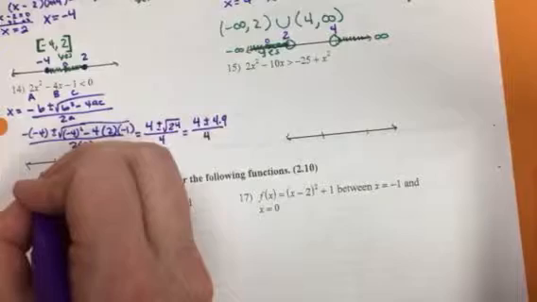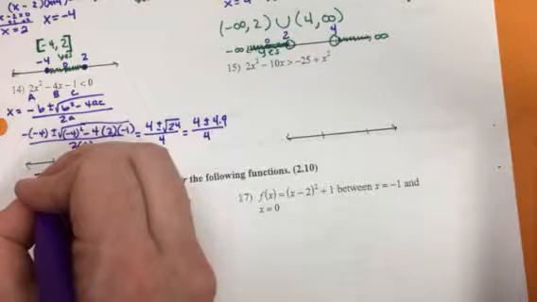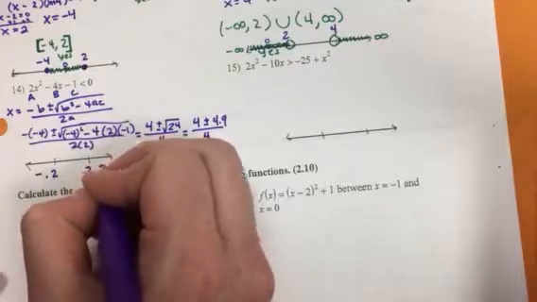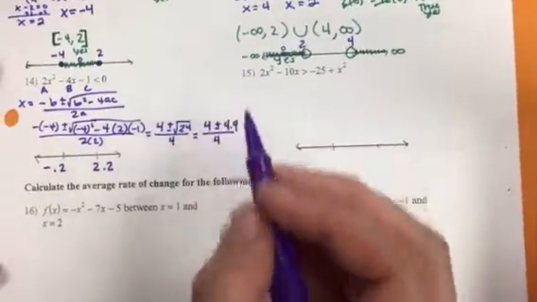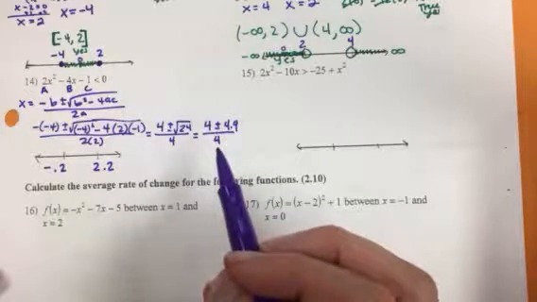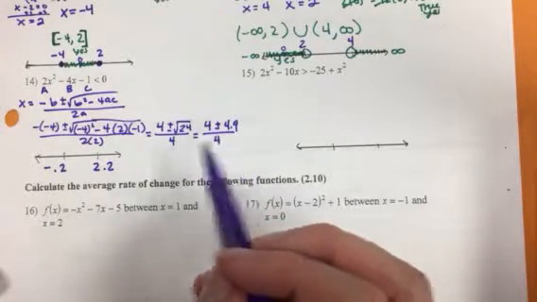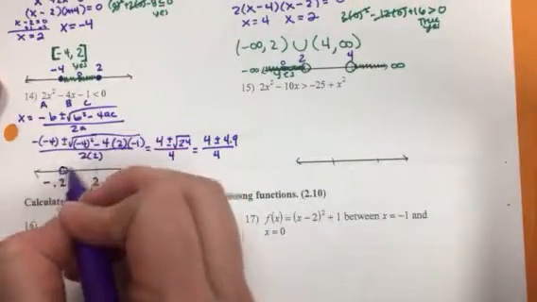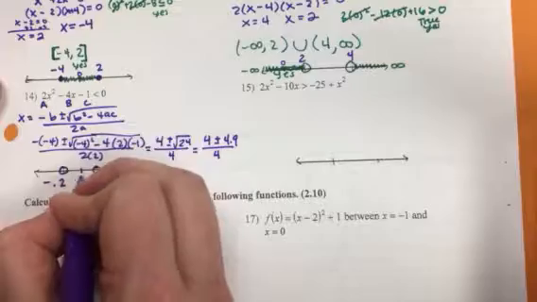So I'm going to get two solutions. I'm going to get a negative 0.2 and I'm going to get a positive 2.2. When I do 4 plus 4.9 divided by 4 and 4 minus 4.9 divided by 4, that's how I get my two solutions. The dots are going to be open and zero is in the middle, so I'm going to check it.